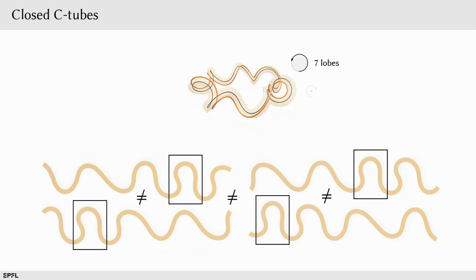And then we can look at the curve that follows a ridge of the tube, so that follows the connection between 2 neighboring strips. This curve loops around the directrix for 3 times until it closes up on itself. So for each of the 7 lobes, we end up having 0.43 rotations, which makes 4 different strips.